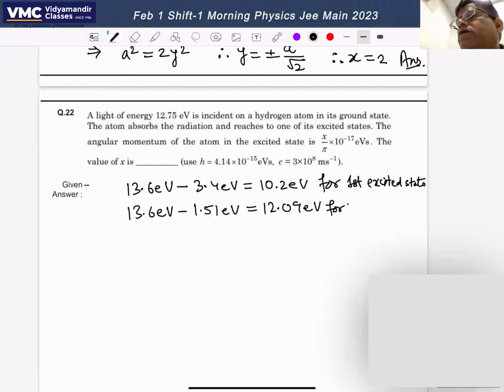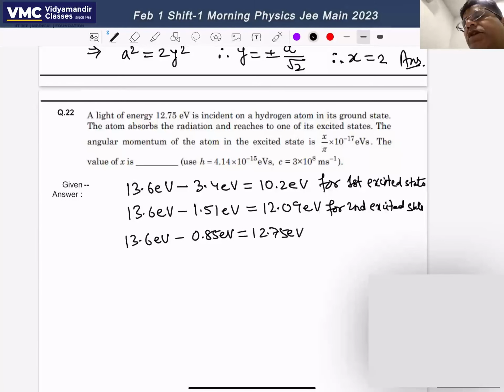For the second excited state. Now this is 13.6 electron volt minus 0.85 electron volt. So this is exactly 10.75 electron volt, and this is for the third excited state electron. That means the third excited state, that means n equals 4.